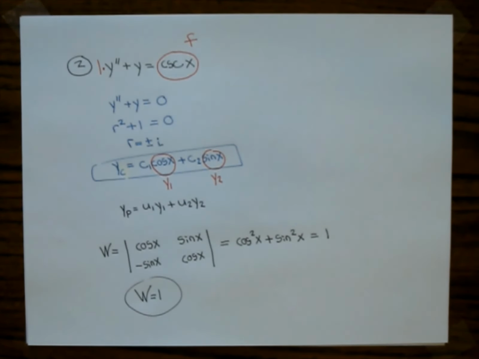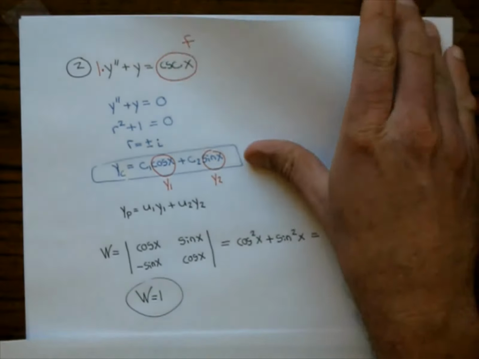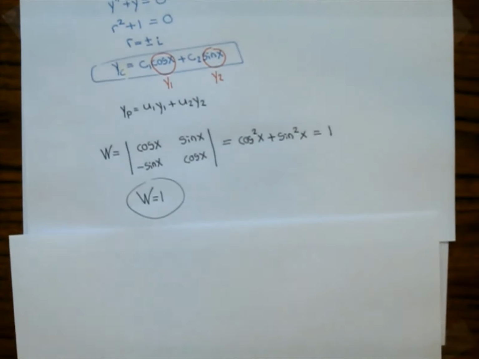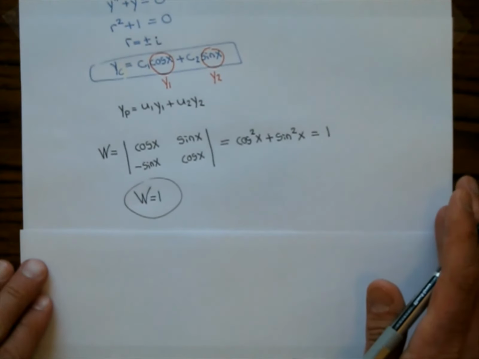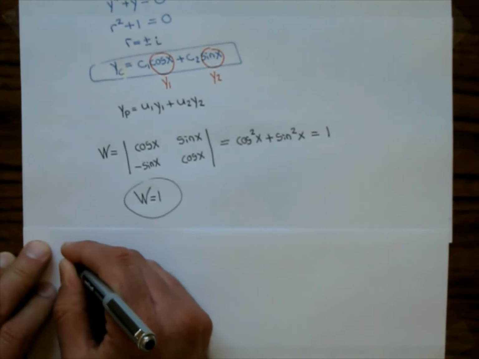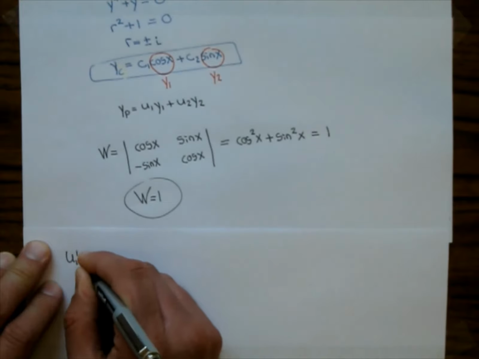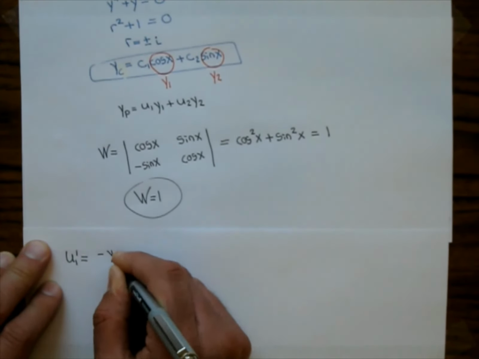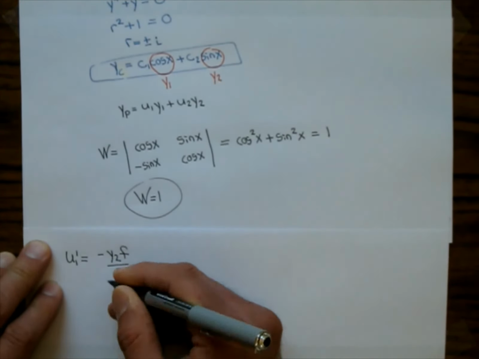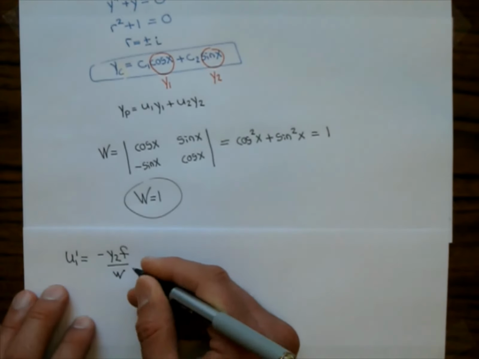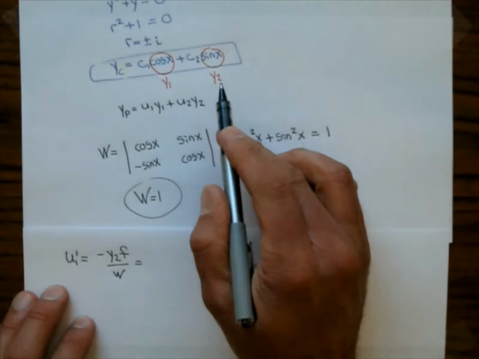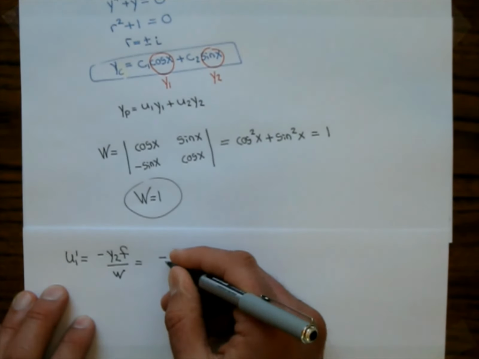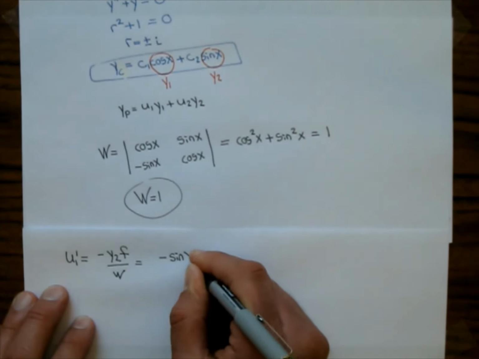Step 6 is going to be the recipes, and we're going to find u1 prime and u2 prime. So the recipe for u1 prime: u1 prime is negative y2 f over Wronskian. Negative y2, that's this guy right here, so negative sine x.